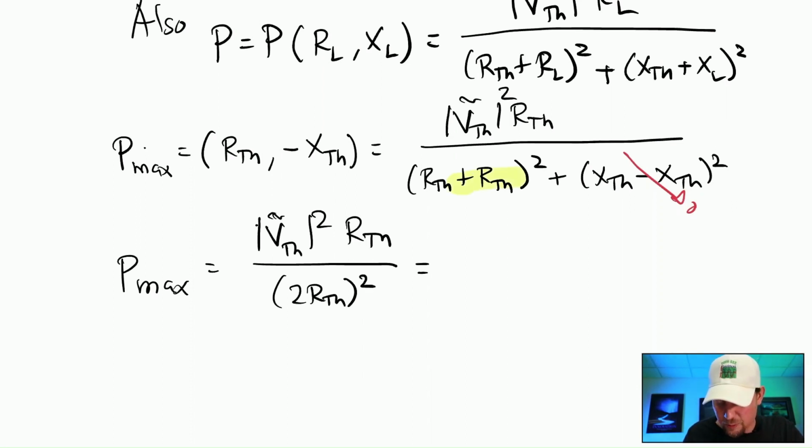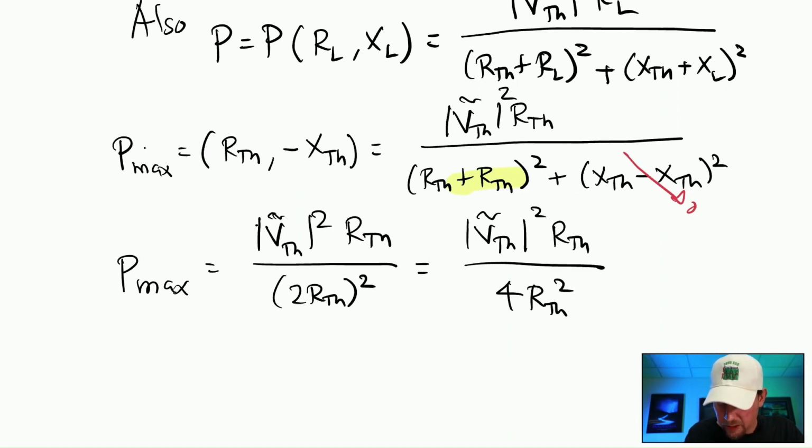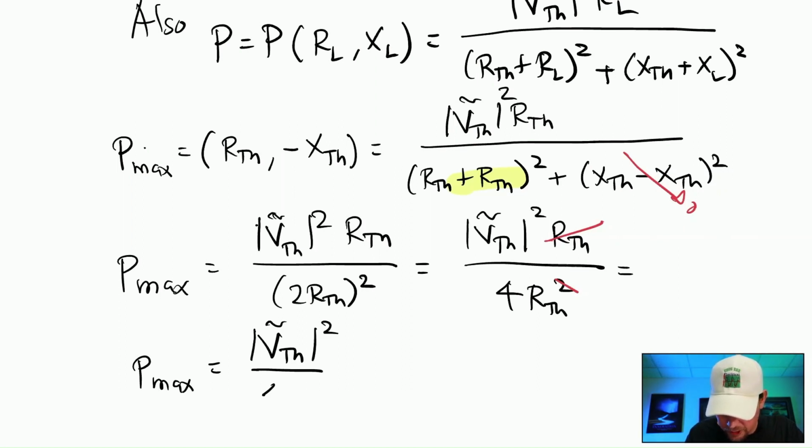I can square the 2, I can square R Thevenin. So I have magnitude of the Thevenin voltage squared times the Thevenin resistance over 4 R Thevenin quantity squared. Lastly, one of these cancels with one of those, in which case we get that max power is the Thevenin voltage squared divided by 4 times the Thevenin resistance.